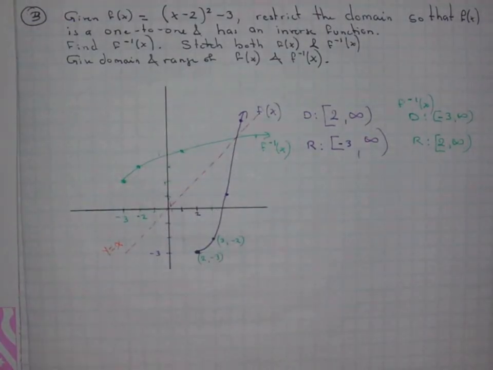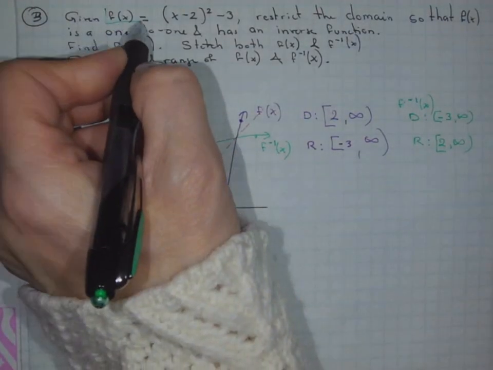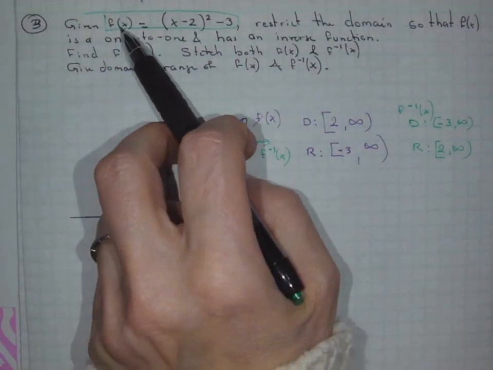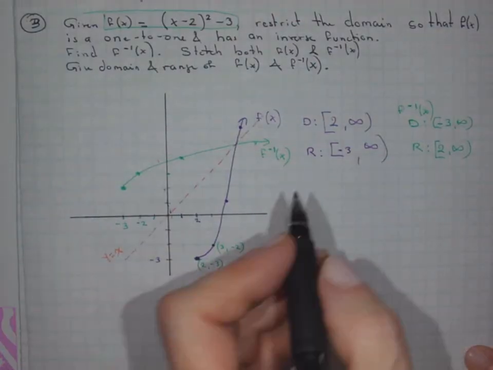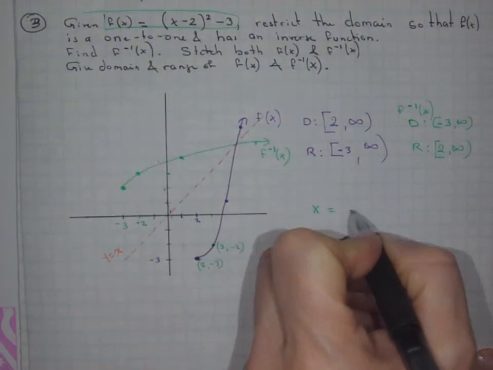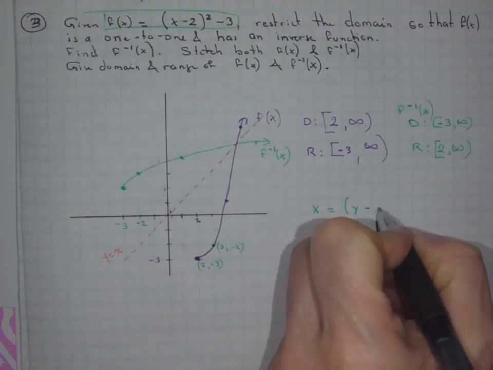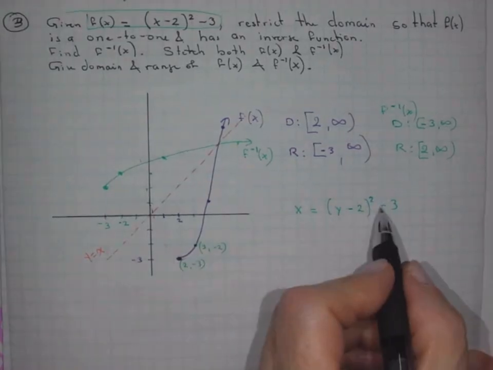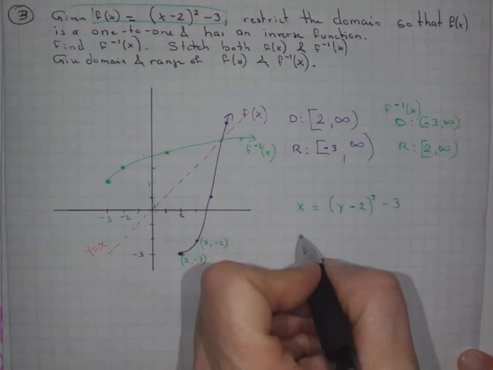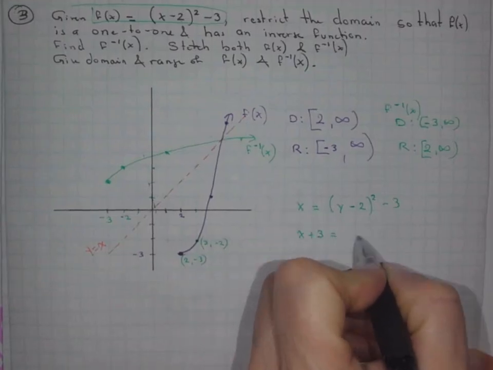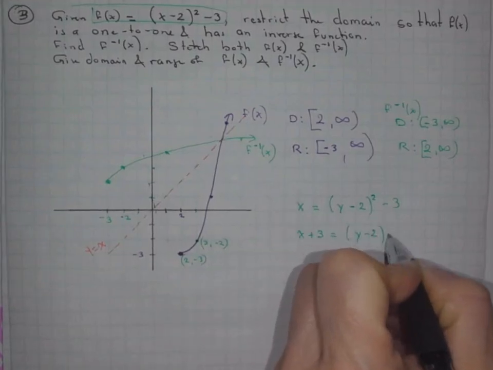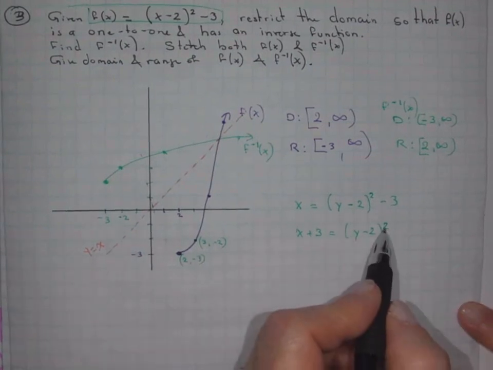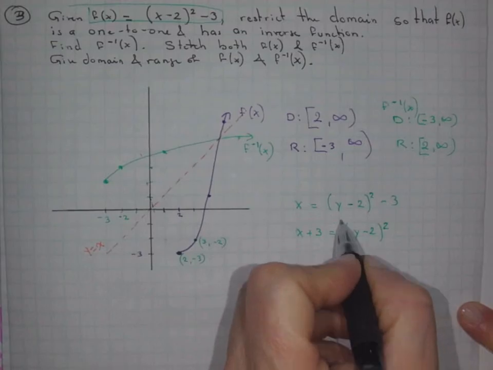Now we actually need to find it algebraically. So we need to go back to our function. We're going to call the f of x y, and then we switch x and y. Ready? So that becomes an x. That becomes a y. Now I'm going to add 3 first, so x plus 3. Then I need to get rid of that square, so I'm going to take a square root on both sides.